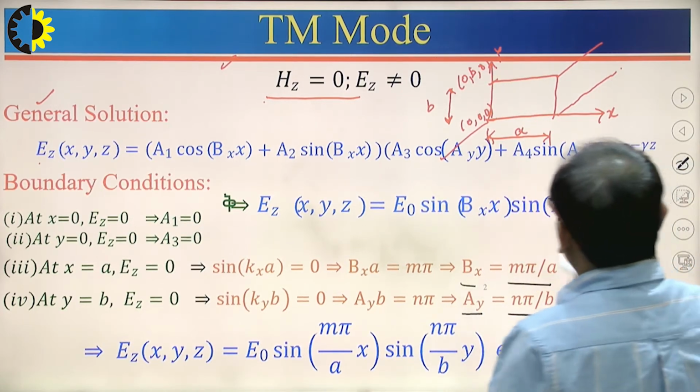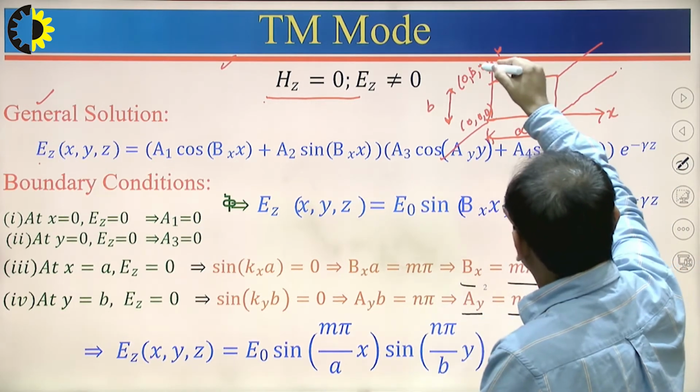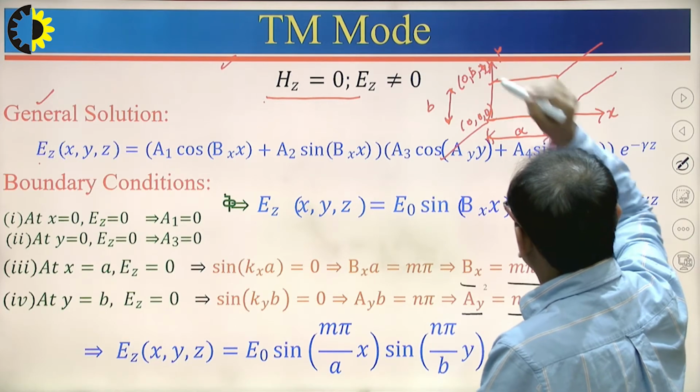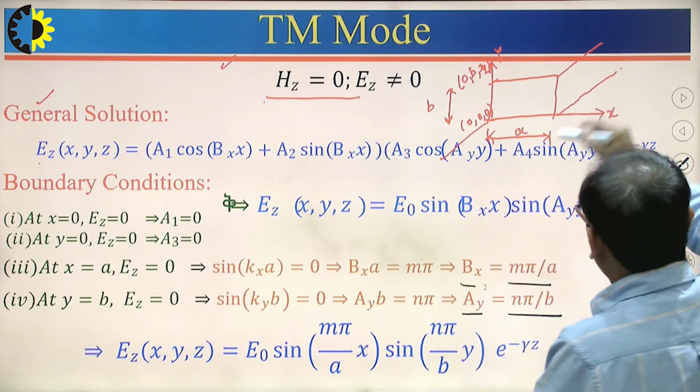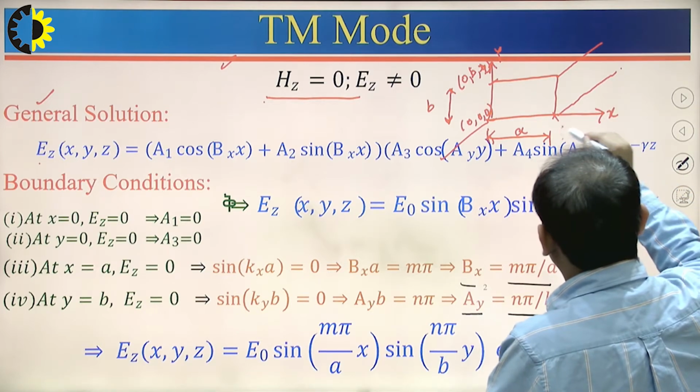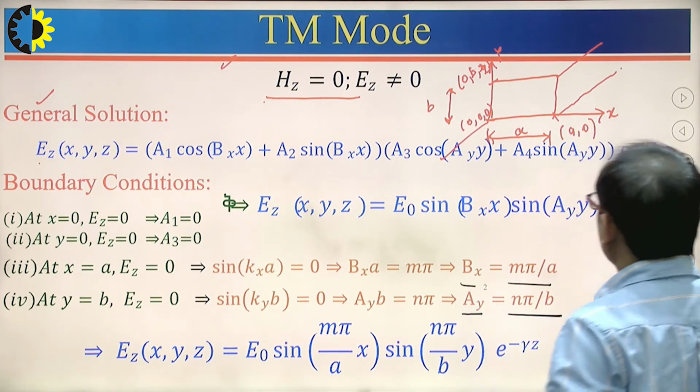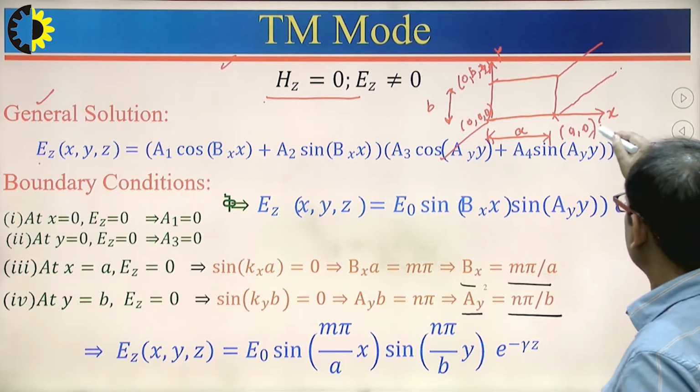Clear? And this can act as z, and similarly here the coordinates will be a, 0 and similarly z.